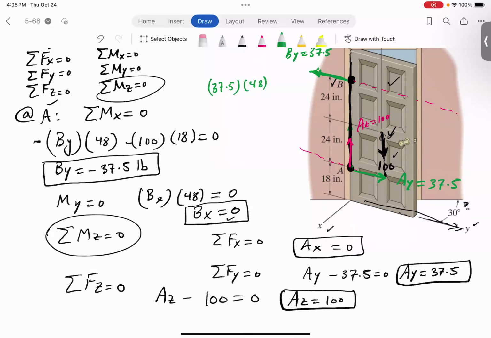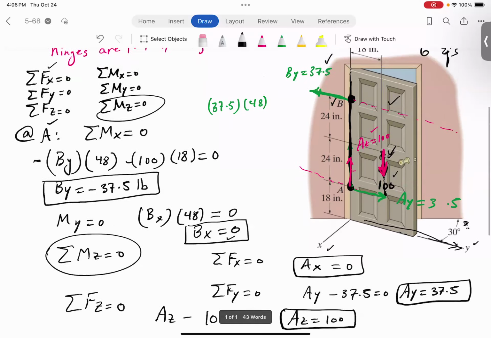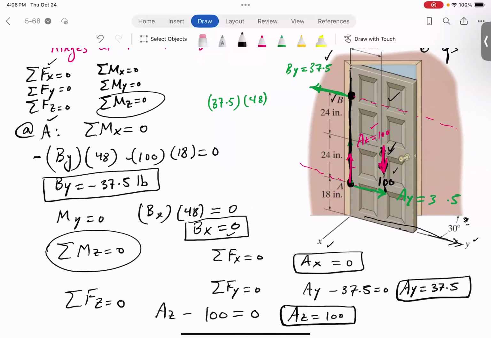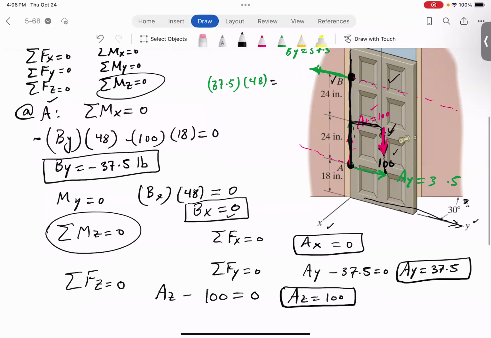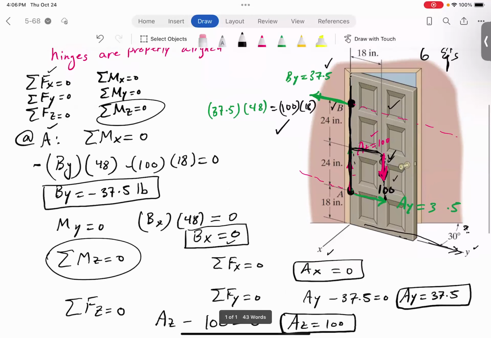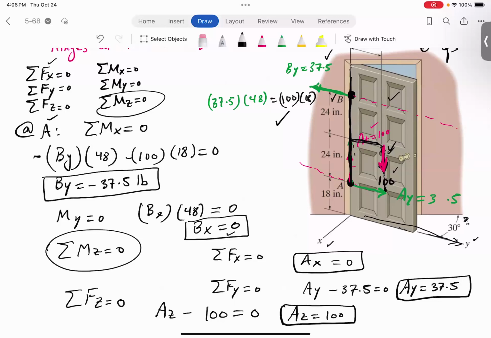And you see that's balanced by the couple generated by these two forces, the weight, the 100, and this 100, A sub Z. And the distance between them is the 18 here. So that's going to be equal to 100 times 18.